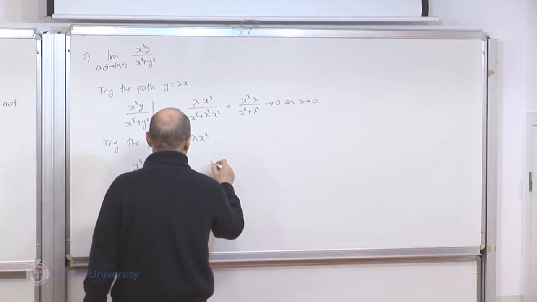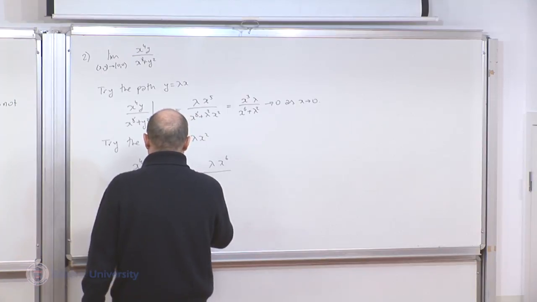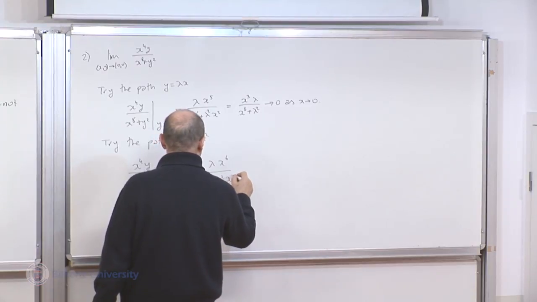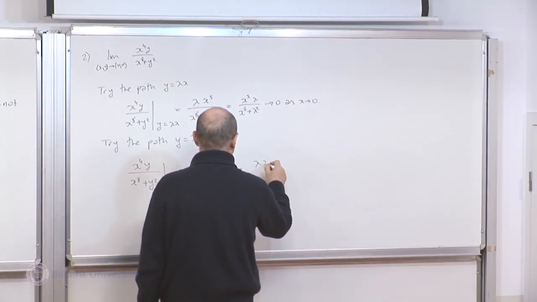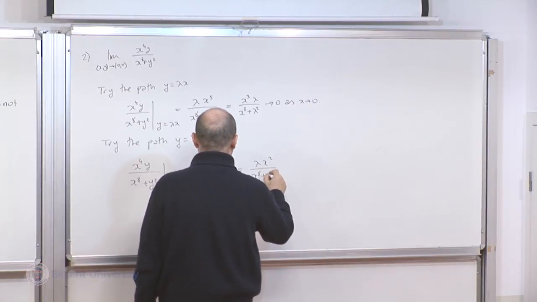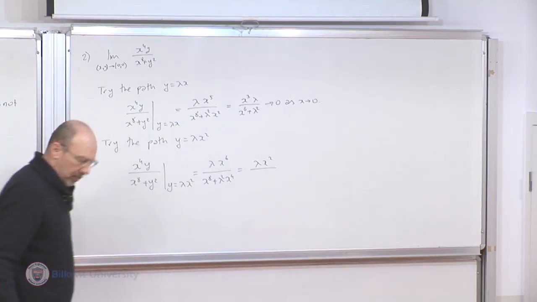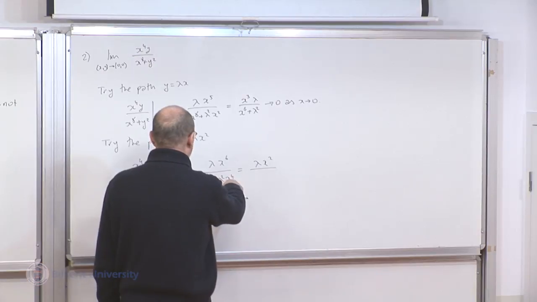So you have lambda x to the 6 over x to the 8 plus lambda squared x to the 4.